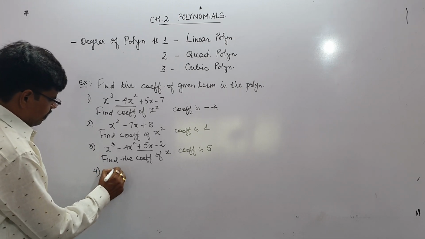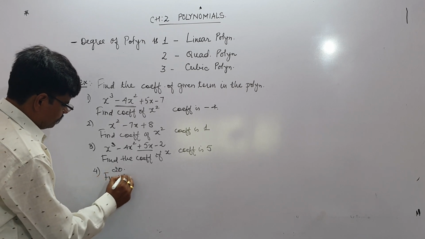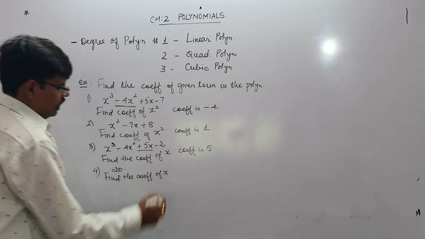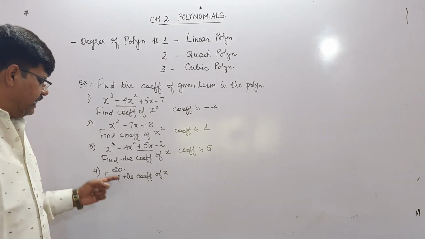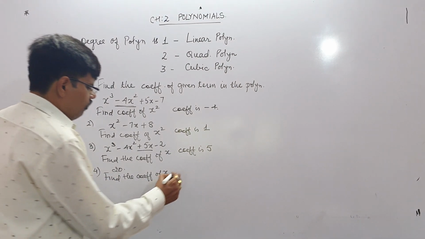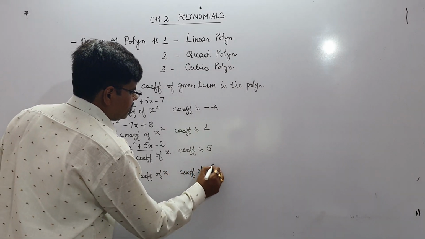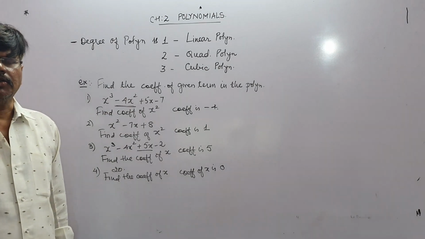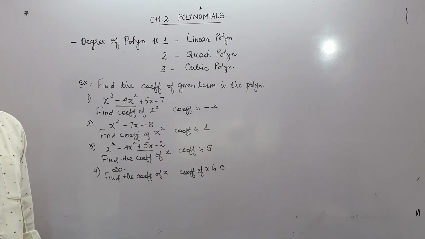If we have the number 20, find the coefficient of x. If you look properly, there is no x term. Here we have only a number. So the coefficient of x is 0. This is how we can find out different coefficients in a given polynomial.